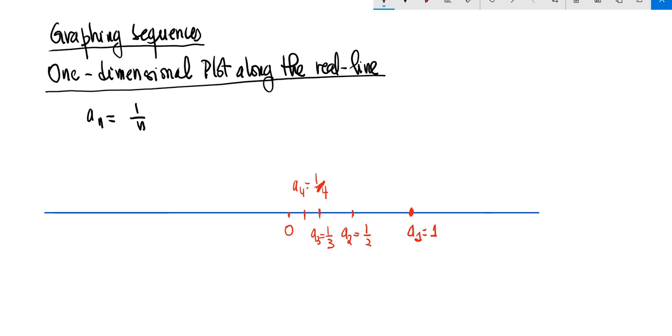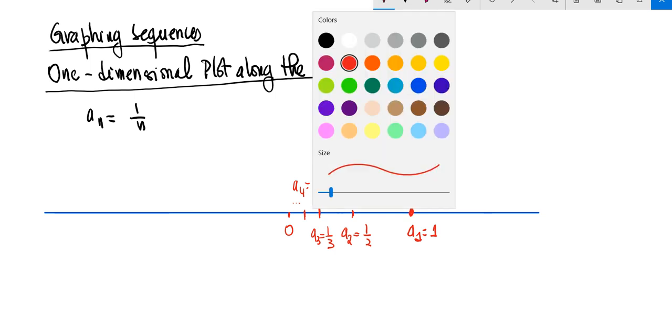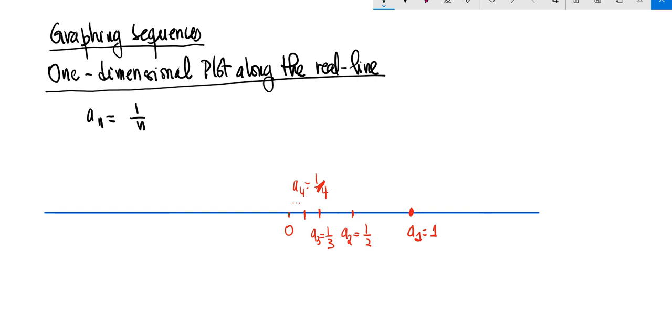You can see that your sequence is getting closer and closer to 0, but will actually never arrive at 0. So 0 is not a term of the sequence, but the graph of this sequence shows that it's getting closer and closer to 0.